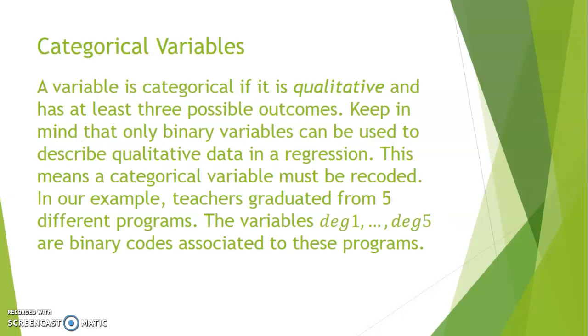There are variables that we also consider as categorical, which are qualitative variables that have at least 3 possible outcomes. Now remember that regressions can only treat numerical variables, and this means that a categorical variable will have to be recoded. In our example, teachers graduated from 5 different programs, which are not quantitative, these are categories. So the variables degree 1, degree 2, up to 5 are binary codes associated to these programs.